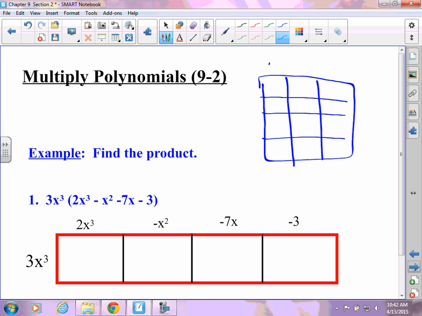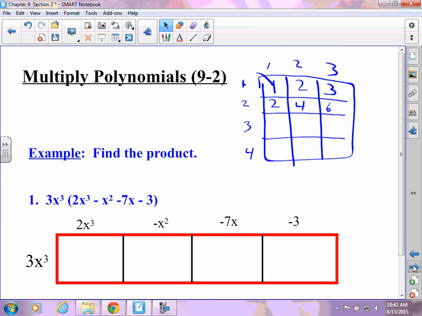And you had like 1, 2, 3, 1, 2, 3, 4, and 1 times 1 is 1, 1 times 2 is 2, 1 times 3 is 3, and you did this. Do you remember doing that? And then it was like a hundreds chart. And you'd even go with your fingers and you would draw them together and draw them together like that, okay? This is kind of like that.